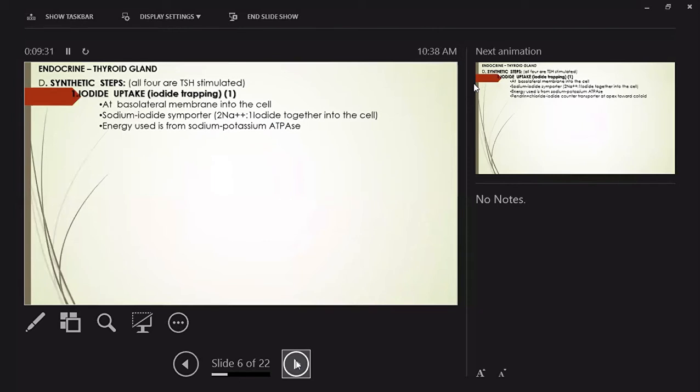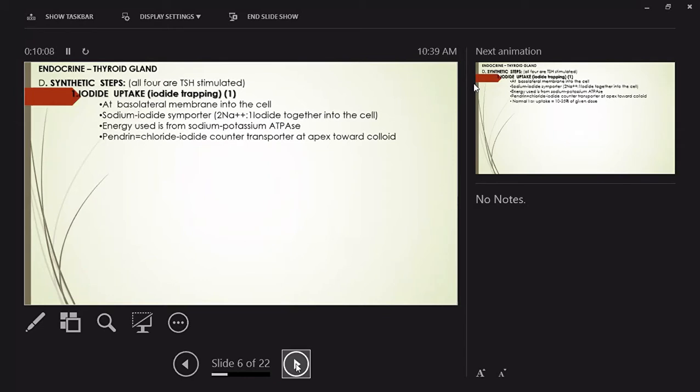of the cell, you know, sort of in the matrix. Pendrin, chloride iodide countertransporter, is found at the apex towards the colloid. Because the iodine has to be transported towards the colloidal part.